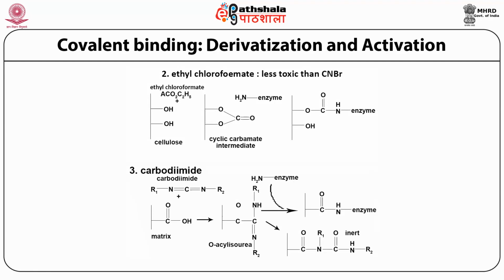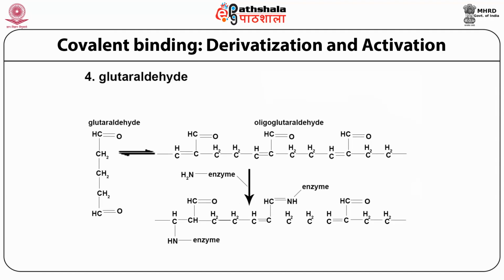There are some other methods that are also used for covalent binding, such as ethyl chloroformate, which is less toxic than cyanogen bromide. You can see how ethyl chloroformate is utilized in enzyme immobilization. There is another molecule, carbodiimide, that is also used for enzyme immobilization by the covalent binding method.